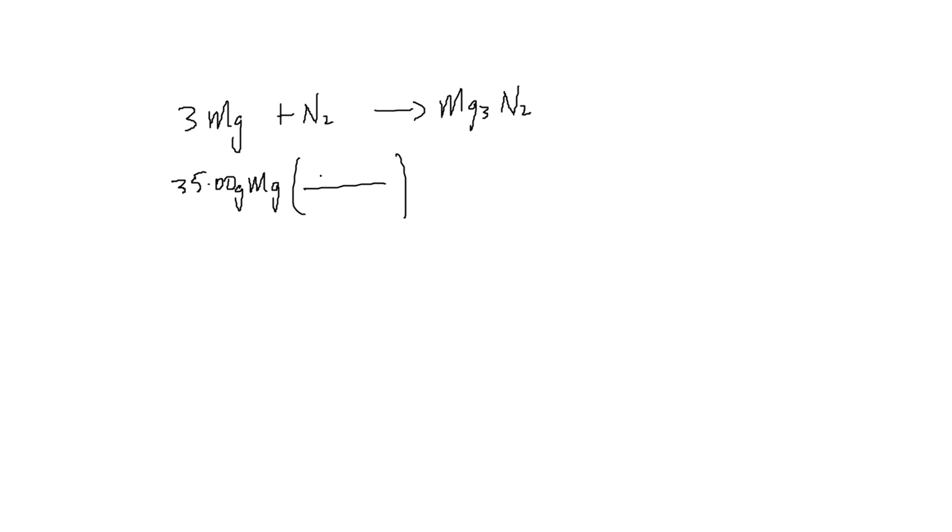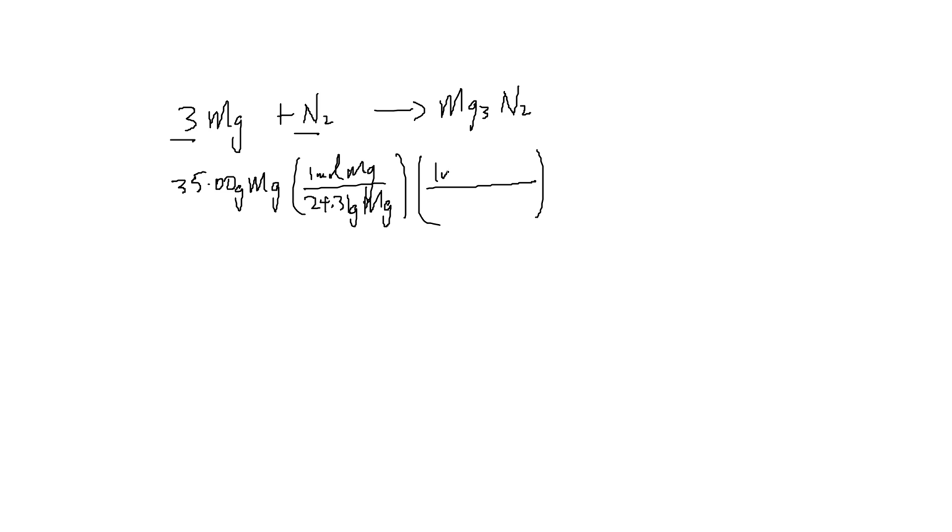I'm going to convert that to moles. So I'm going to put 1 mole of magnesium up top and the molar mass, which was 24.31 grams of magnesium. And then the next conversion factor will be expressing the mole ratio between the magnesium and the nitrogen, which is a 3-to-1 mole ratio.